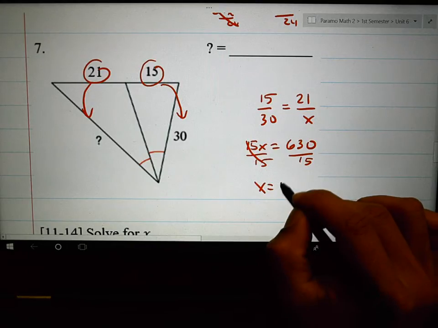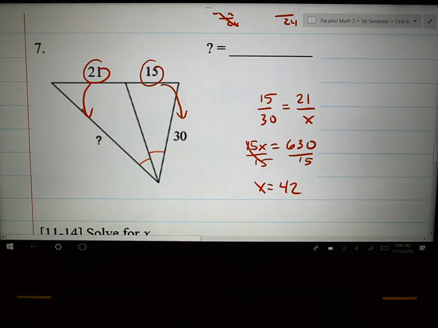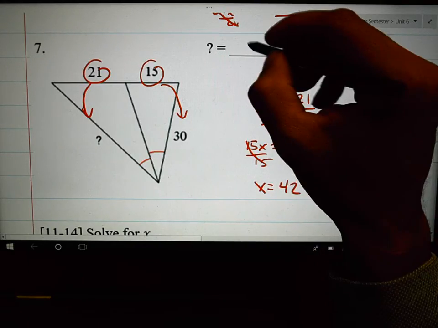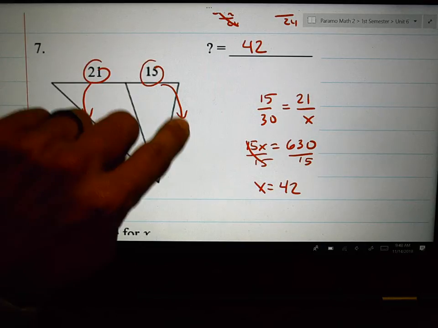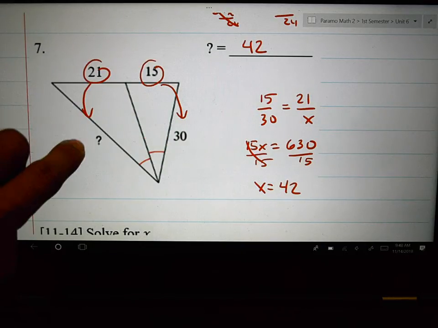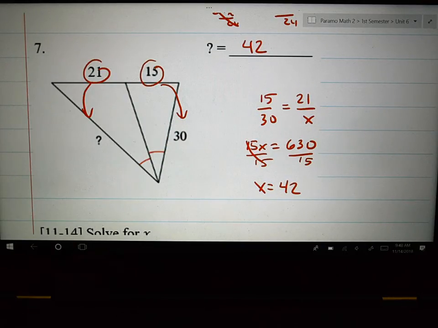Once again, that's a little bit big, so I'm going to use a calculator for it. I'm getting that it's 42. And it's 15. This 30 is bigger. 21, so I need to be bigger than that. So that kind of makes sense. I like to always see if my answer makes sense. It does.